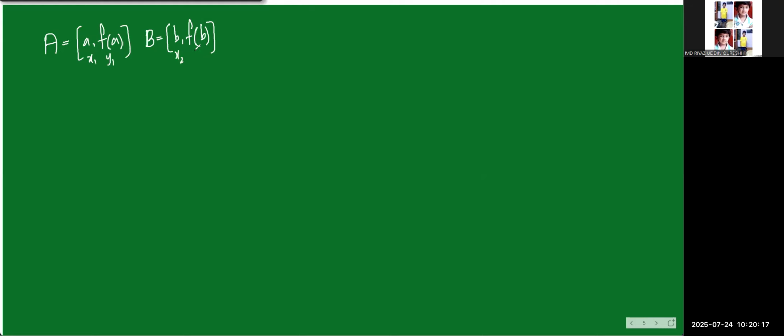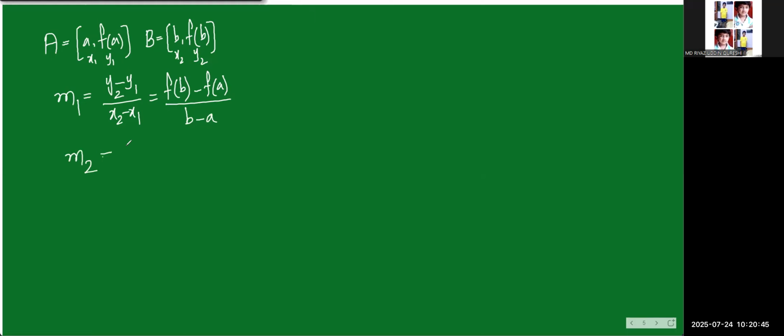What is the formula, slope formula? Denoted with M1. Formula is y2 minus y1 by x2 minus x1, which is equal to, y2 value is f of b minus f of a by b minus a. This is M1. Now M2.